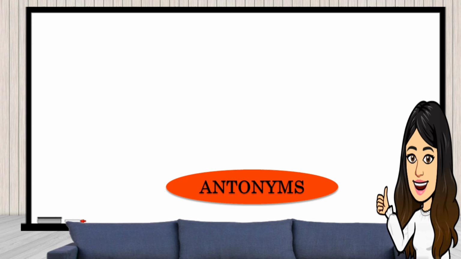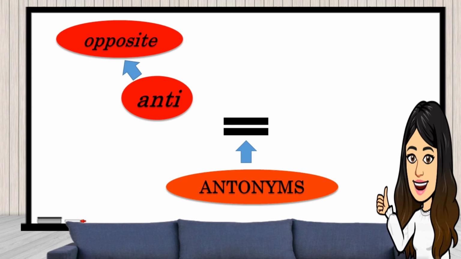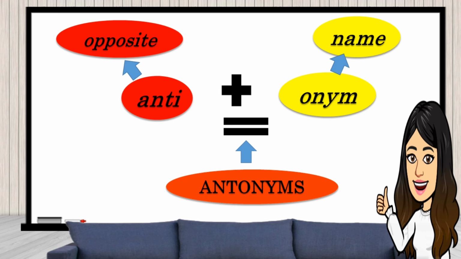Antonyms are words that have contrasting or opposite meanings. It is rooted in the Greek language. Anti means opposite, and onym means name.